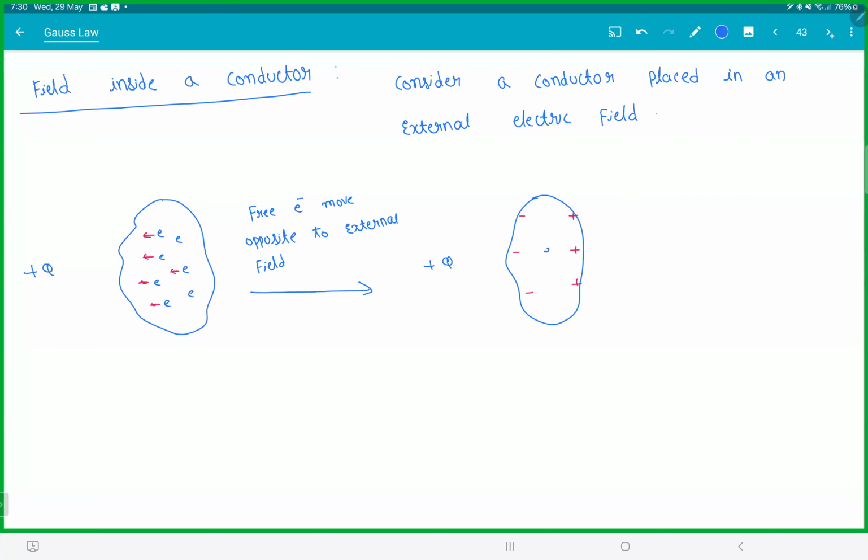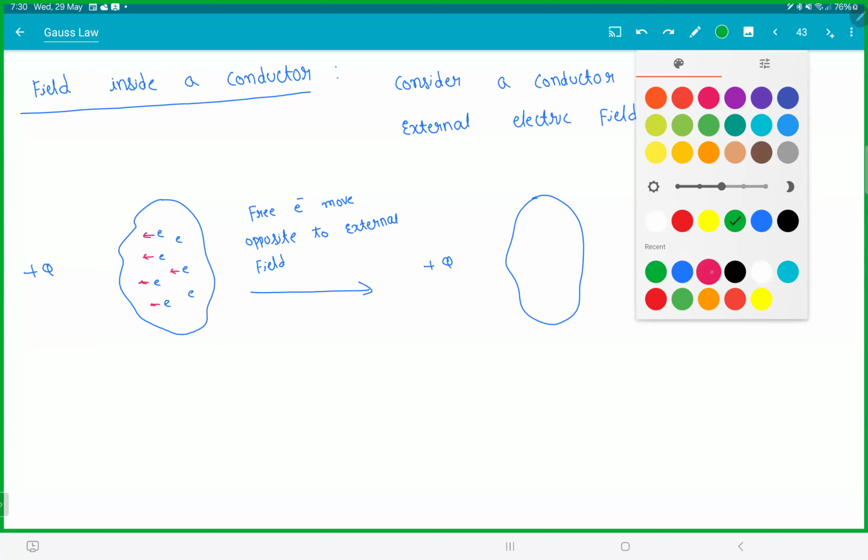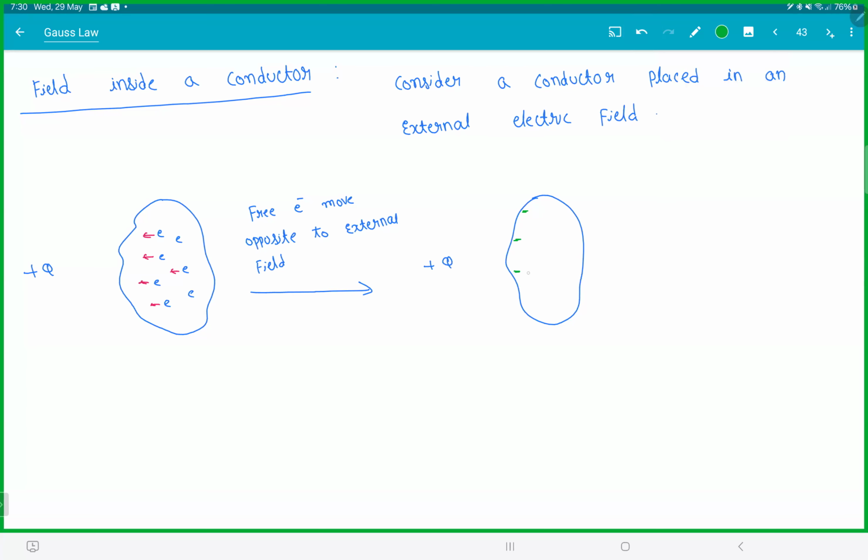Some electrons will come here and some positive charge will come there. If you take an electron here, this plus Q is still attracting it, so this is your F external. Now see what happens.